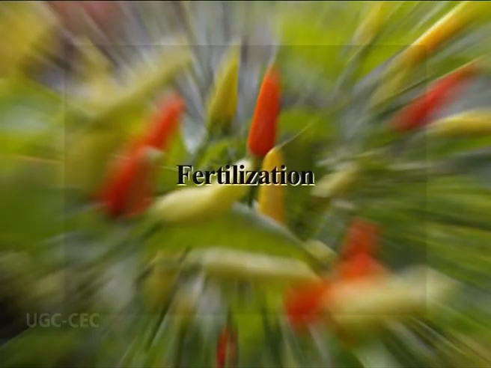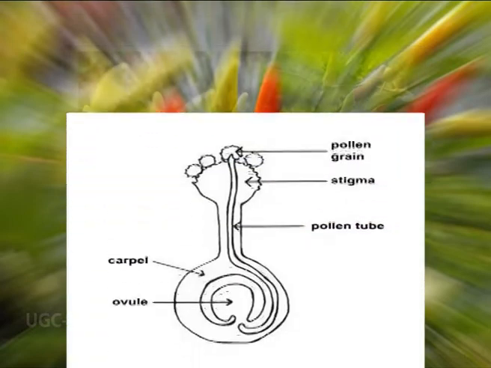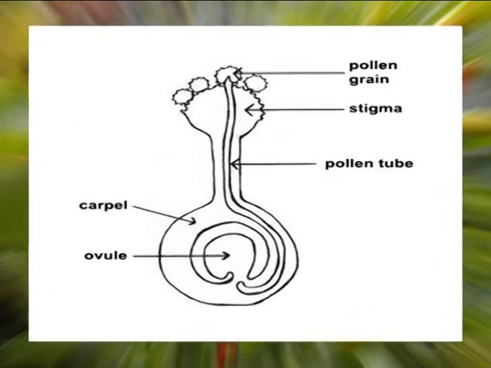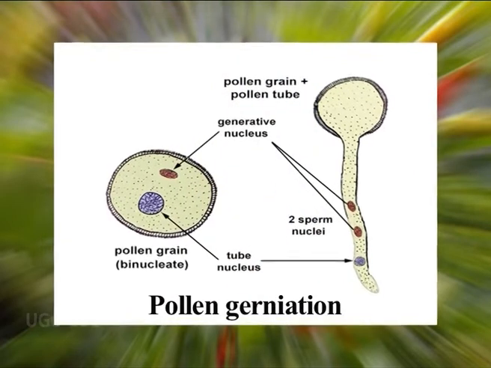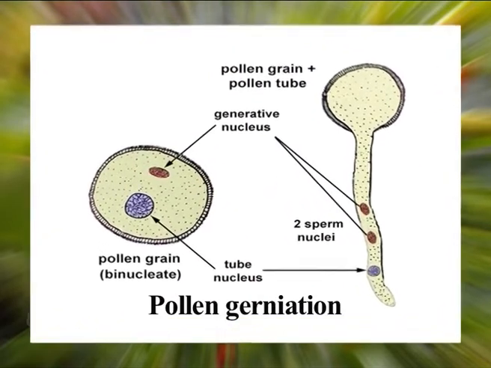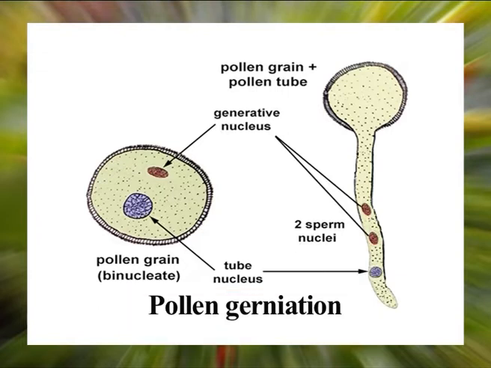Now, fertilization. Soon after pollen is transferred from anther to stigma, the male gametophyte forms a pollen tube that grows via a tip growth process through the carpel's sporophytic tissue to reach the female gametophyte.